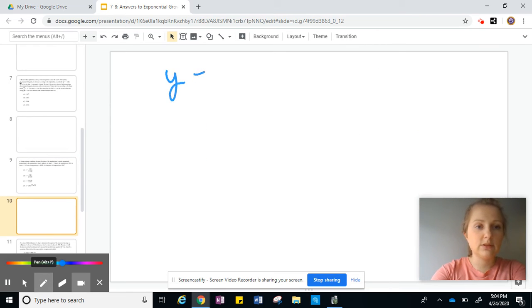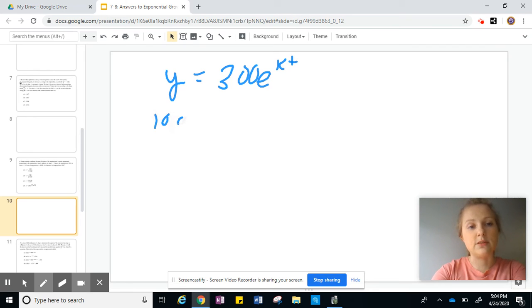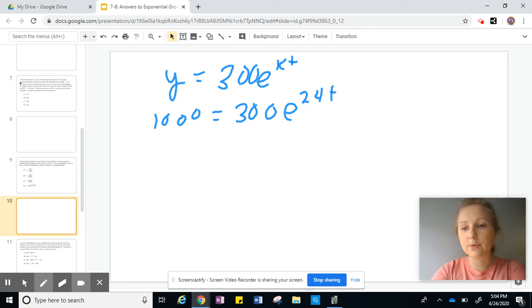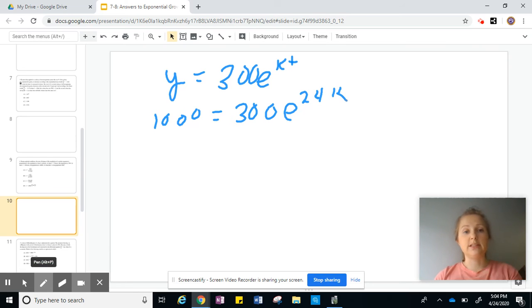So y equals 300 e to the k t, and y is 1,000, and we want to find k, and t is 24. Okay, perfect. Oops, that should be a k. All right, so we need to solve this. So first we divide by 300 on both sides. So if we divide by 300, we get 10 over 3 equals e to the 24k.